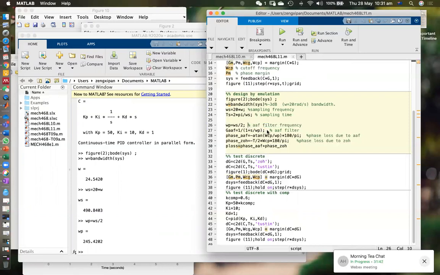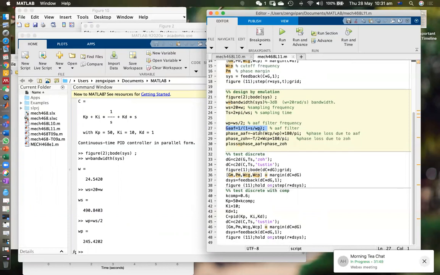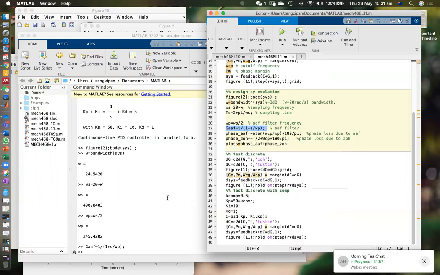And our filter is something like that. Okay, that's in the standard form, so just put omega p in there. The next 2 steps are to calculate, I'll just run this. So this is the filter. The next one is how much phase loss we got from the filter.